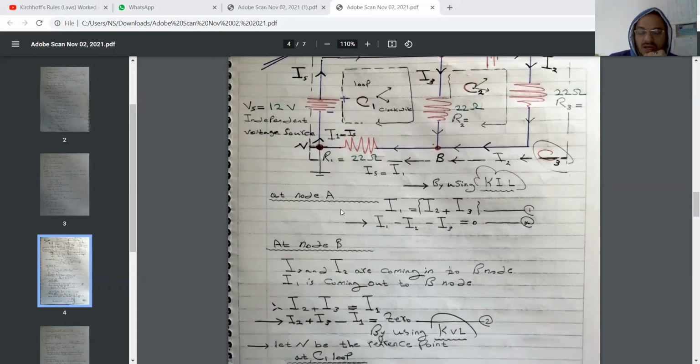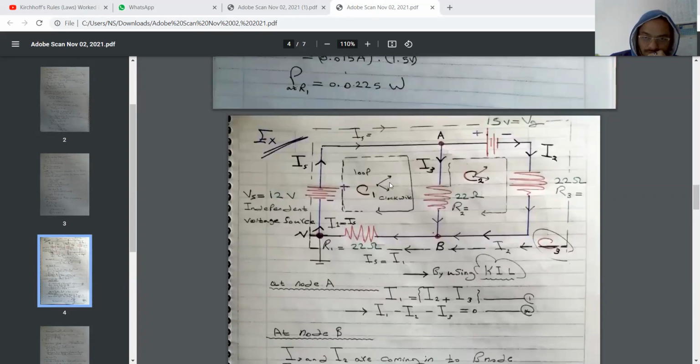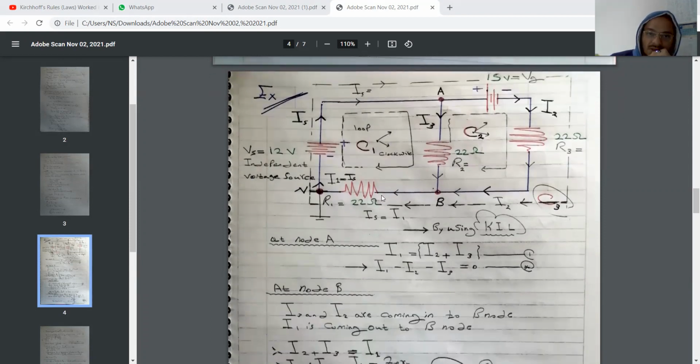Now let's work on node A. Or let's work on loop C1. Now let's start to write the equations of the Kirchhoff voltage law. We will work first on loop C1, starting from VS, going to the voltage drop on R2.